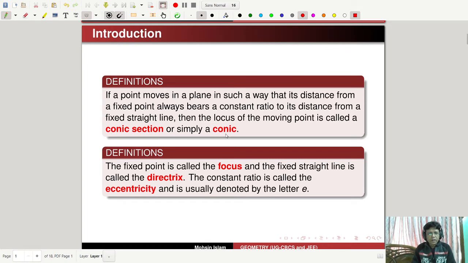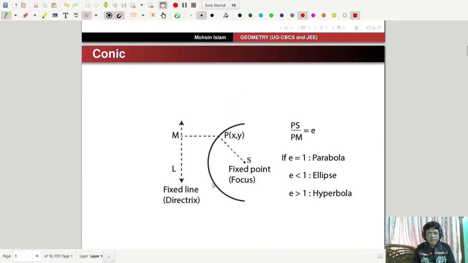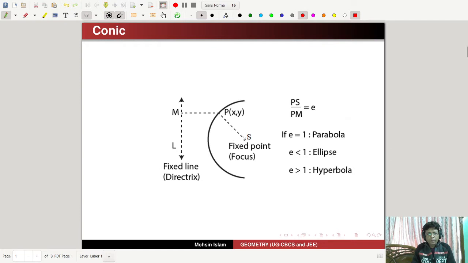So, let me give you a diagram. This is the fixed point S, and you have a fixed straight line ML.